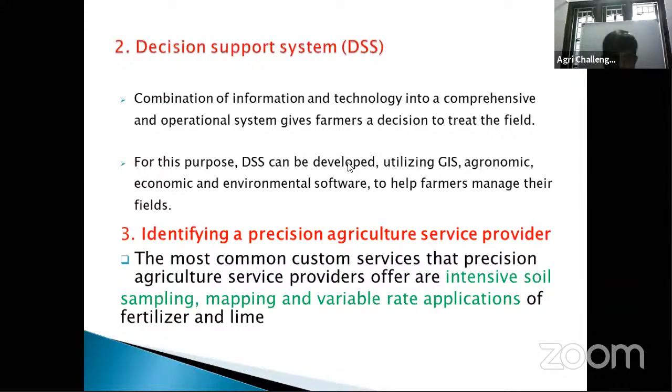This is the most common custom service. Generally, custom hire service is available for intensive soil sampling. For soil sampling also there is custom servicing available. Then soil mapping, variable rate applicators, fertilizers and lime application, all this, there are service providers where the farmer is unable to offer the cost.